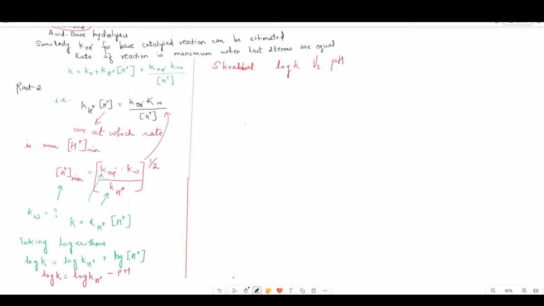Now this Skrabal diagram, we can say, enables us to identify the significance of k_H+ and k_OH- at different pH.